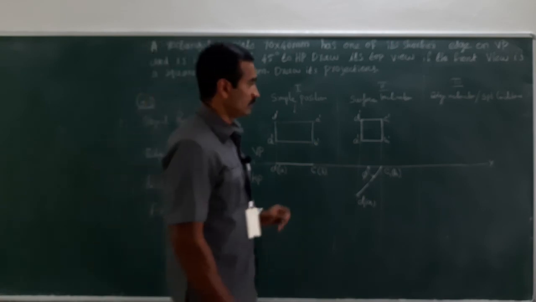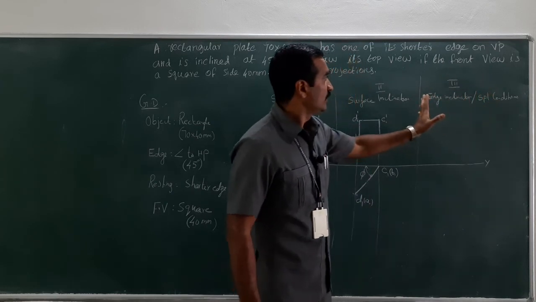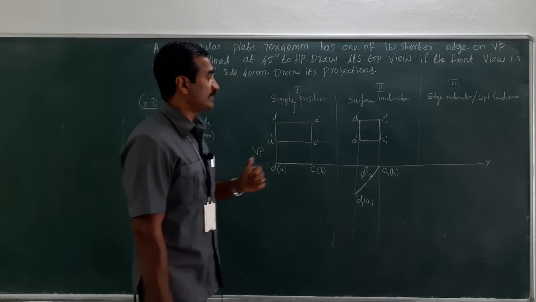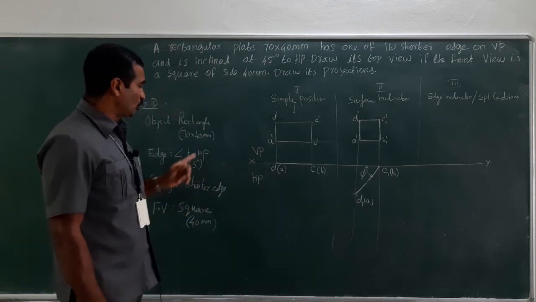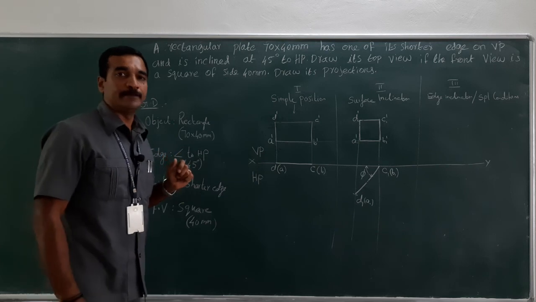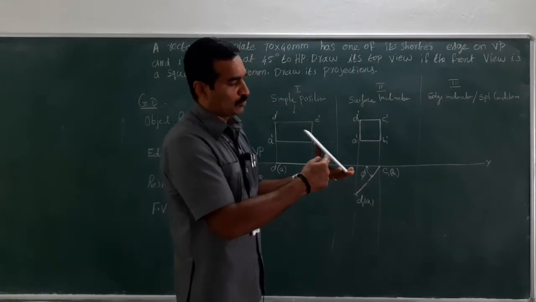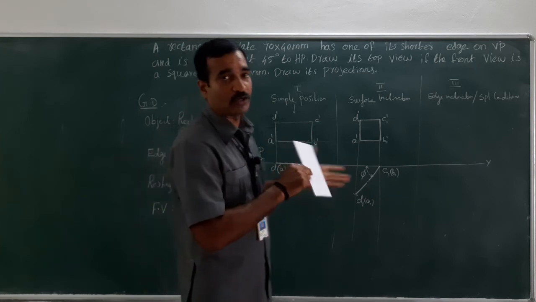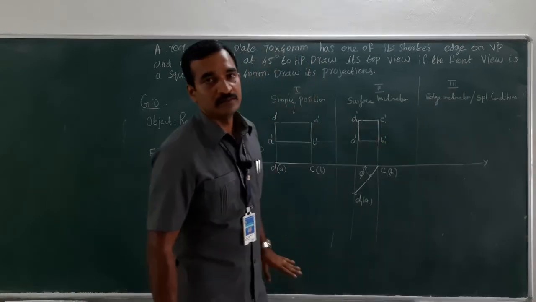Right. Now let us proceed to the third stage. It belongs to edge inclination or special condition. What does the question say? Here, the question says the edge is inclined to HP at 45 degrees. When the particular thing is inclined to VP, where will you draw the inclination, that means where will you draw the position, it will be on the VP.